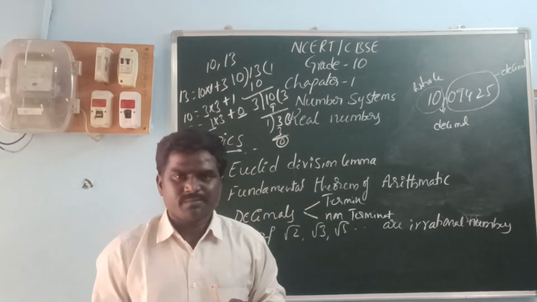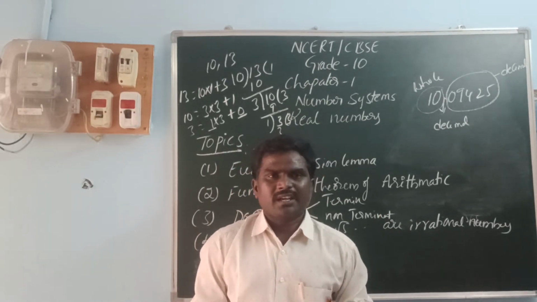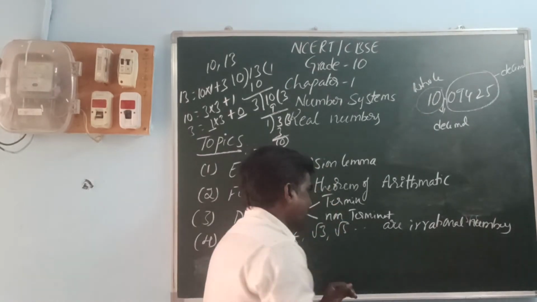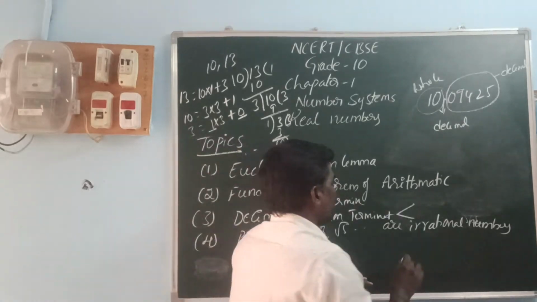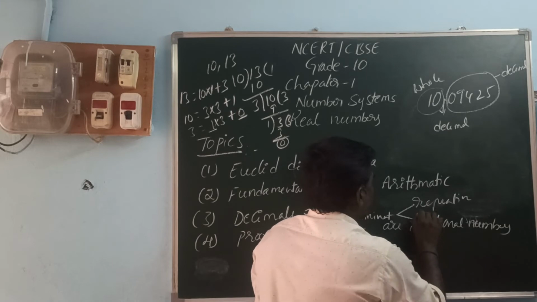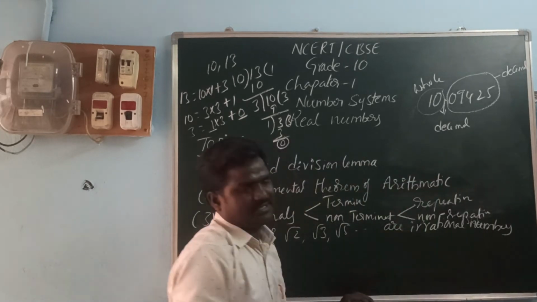Non-terminating decimals means the decimals cannot be counted. Uncountable decimals are called non-terminating decimals. Again, non-terminating decimals have two types: non-terminating repeating decimals or recurring decimals, and non-terminating non-repeating decimals or non-recurring decimals.